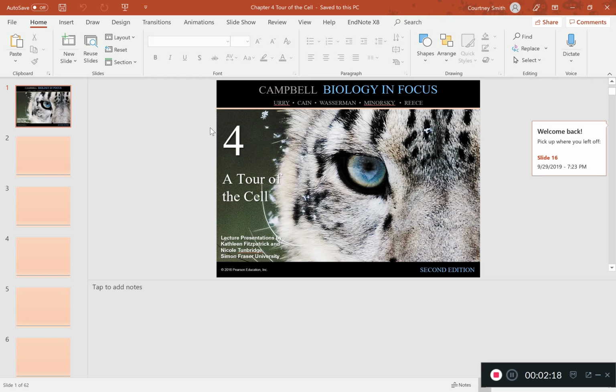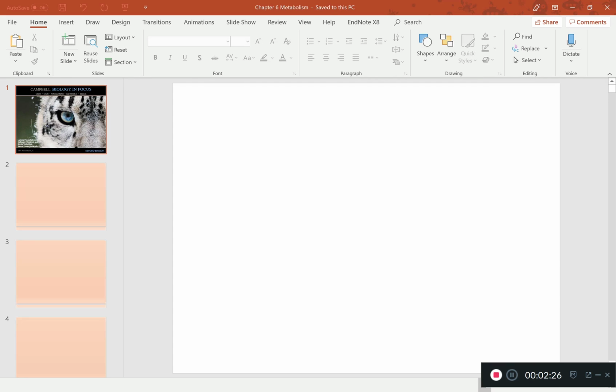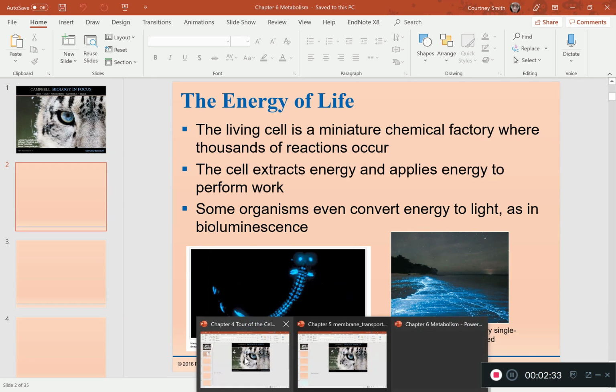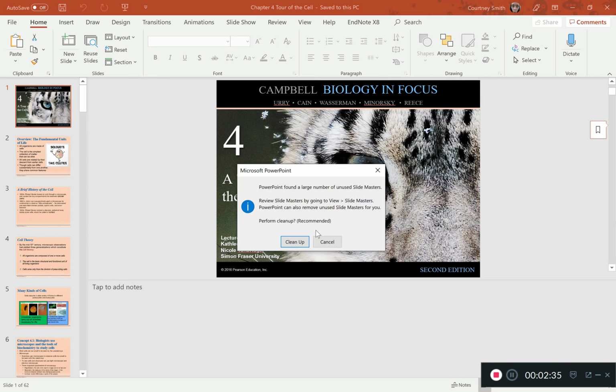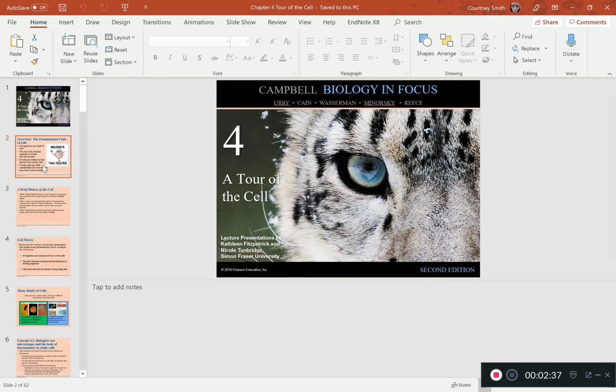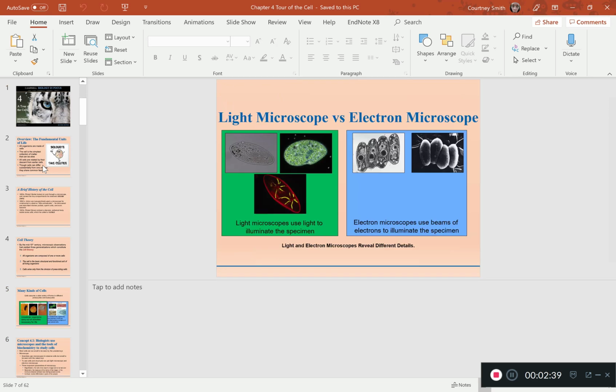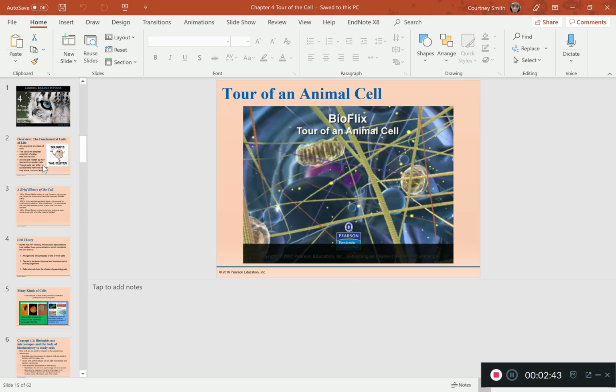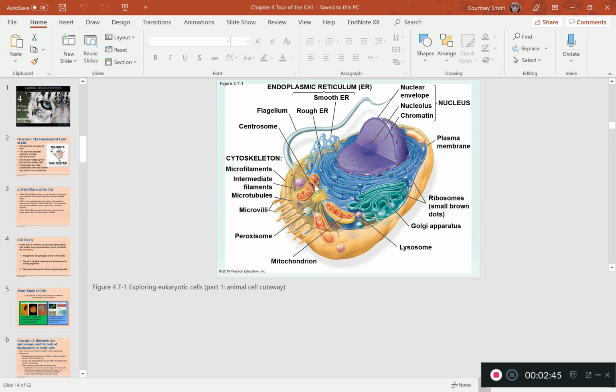And for the plant cell and the animal cell, I'm going to be using the following, if it wants to load. Where are they? There it is. So it will probably be this one.